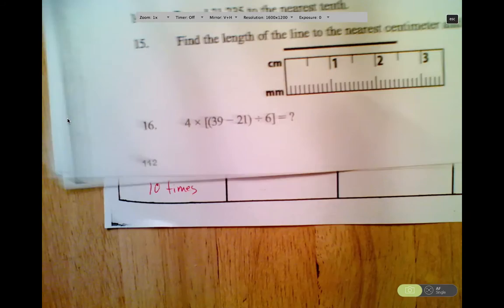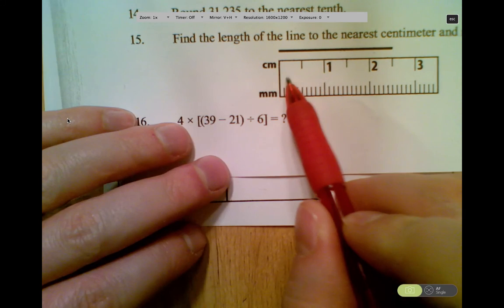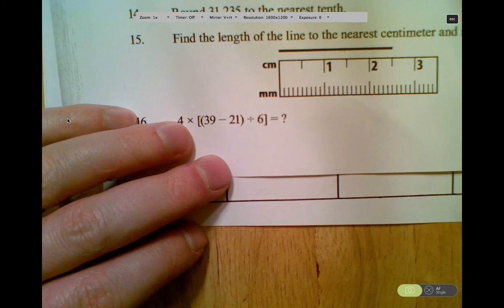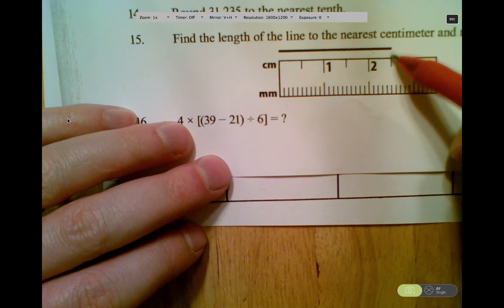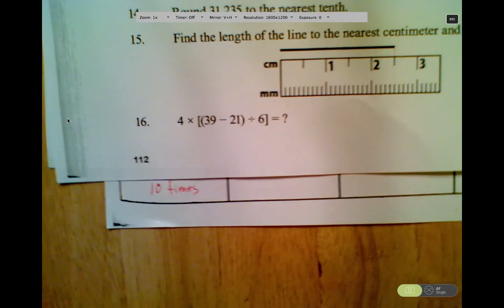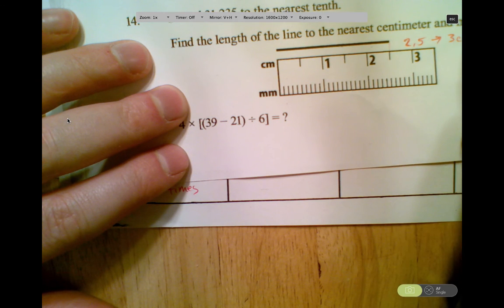15, find the length of the line to the nearest centimeter and millimeter. To the nearest centimeter. So we've got our centimeters on top and our millimeters on the bottom. It's kind of tough to tell here, but it looks like we're looking at 2.5 centimeters. And if you think about our rounding rules, the 2.5 would round up to 3 centimeters.